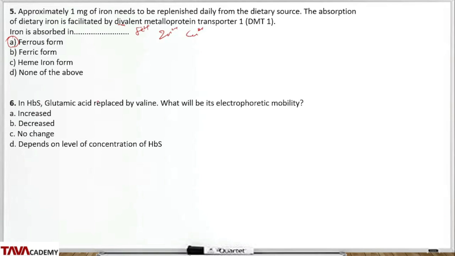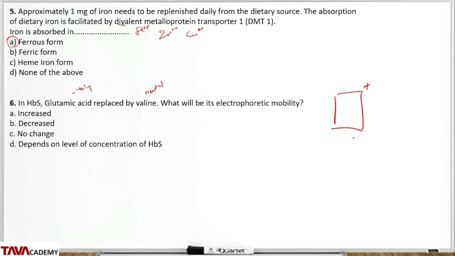In HbS, glutamic acid is replaced by valine. So what will be the electrophoretic mobility? Since valine is neutral and glutamic acid is negatively charged, it means that the normal HbA will move towards the positive pole of the electrophoretic film.